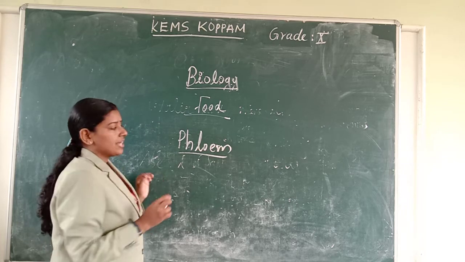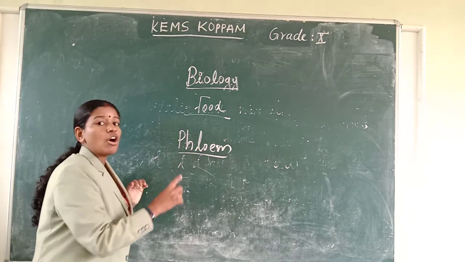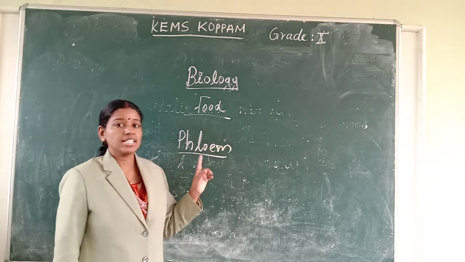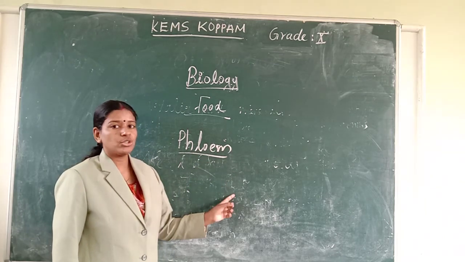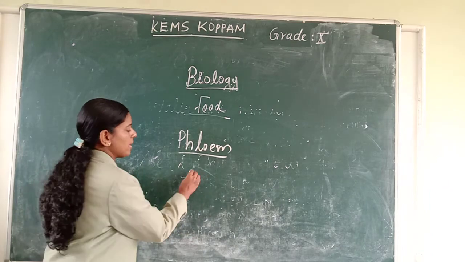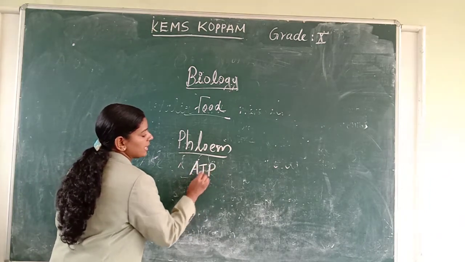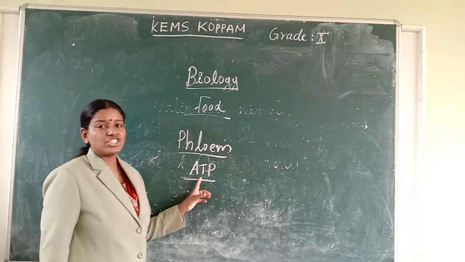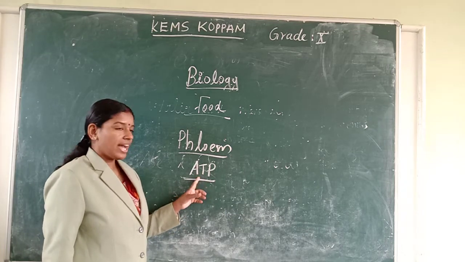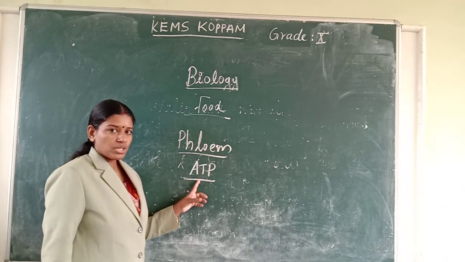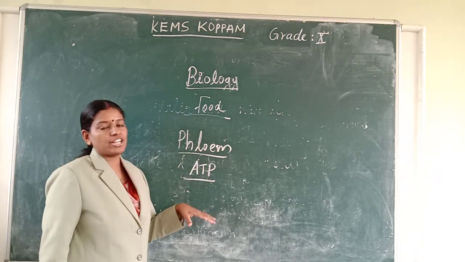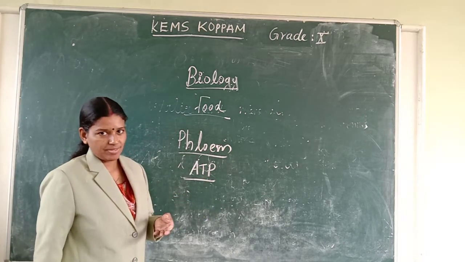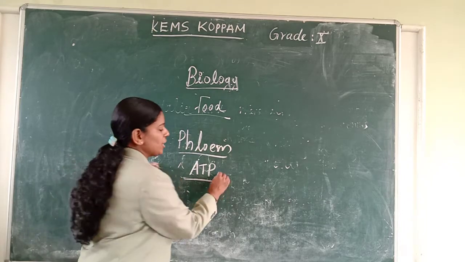The food item produced in the form of glucose is transported to different parts by the expenditure of ATP. ATP is the energy. So by energy utilization, the food is transported from the leaf to all parts of the plant. In which form? In a liquid form.